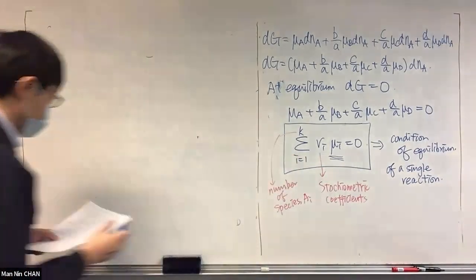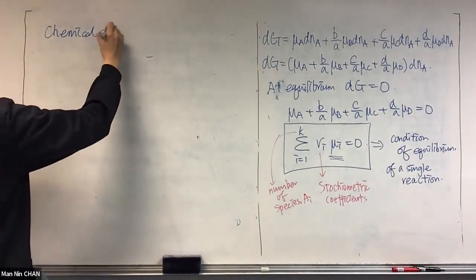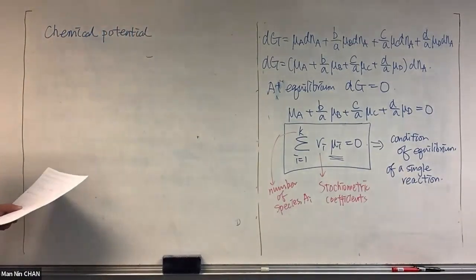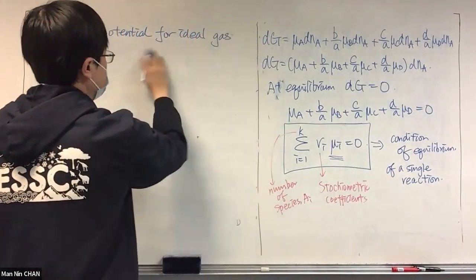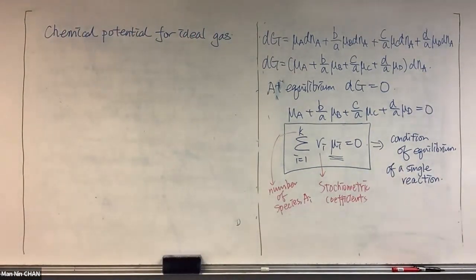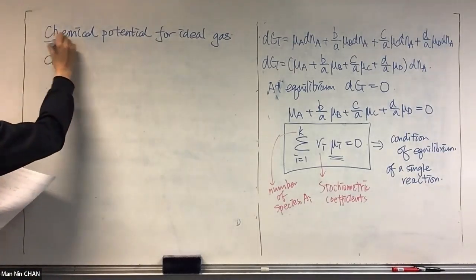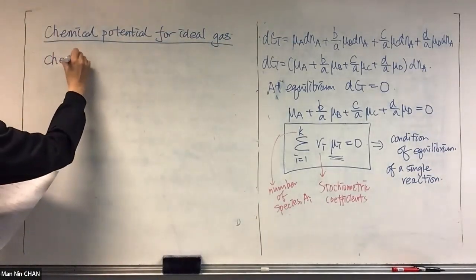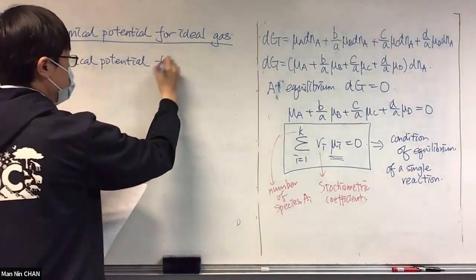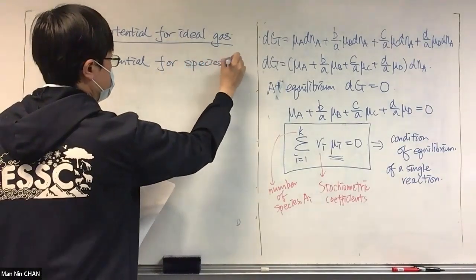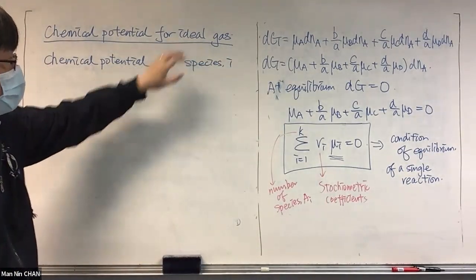So now let's look at the chemical potential for an ideal gas mixture, the expression for a species in the ideal gas mixture.